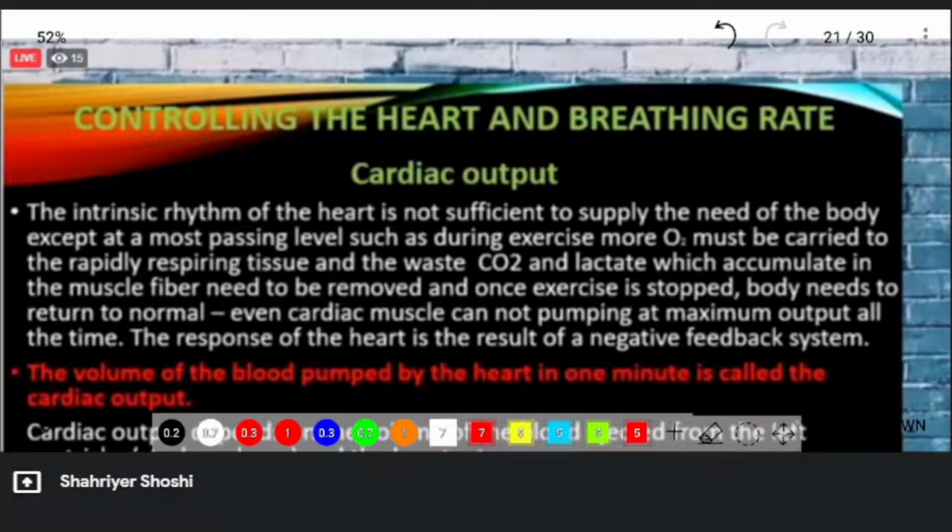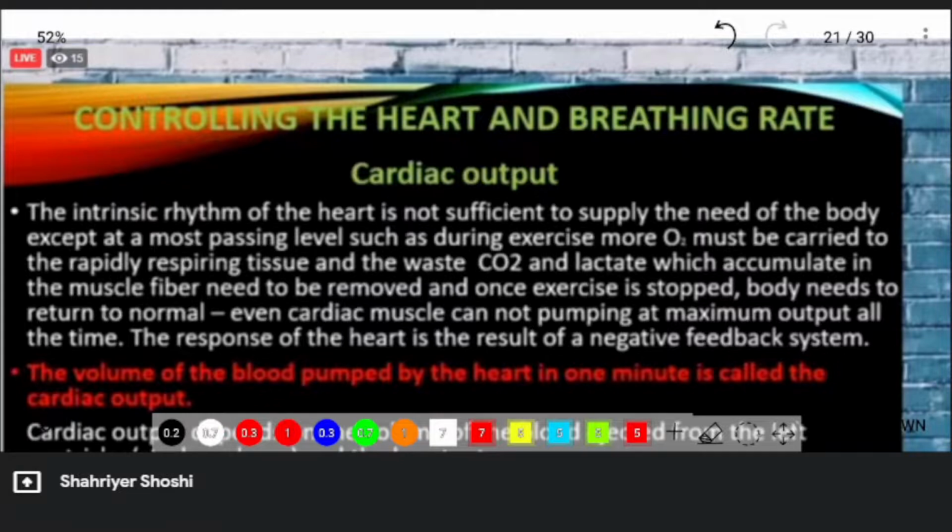Controlling the heart rate or cardiac output. Now we already know that the heart has a natural intrinsic rhythm. The intrinsic rhythm of the heart is not sufficient to supply the need of the body, except at a resting level.